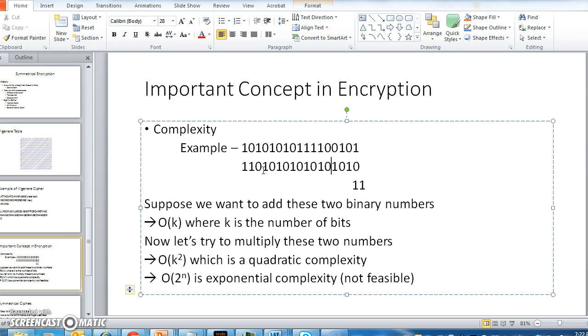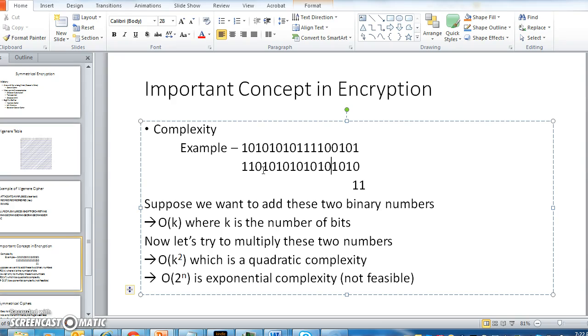But one type of complexity that we cannot handle, that's not possible, is exponential complexity. So remember, exponential, the number of iterations goes up very quickly.